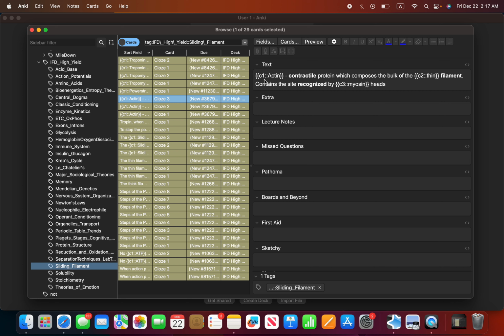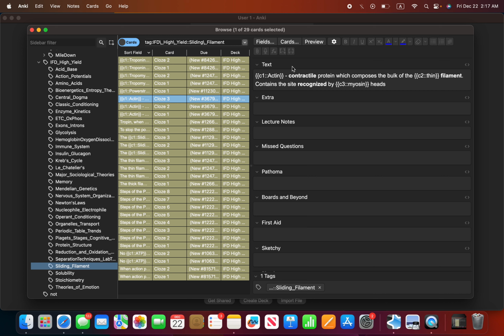When they have tropo at the beginning, as a prefix, it means that it is a regulatory protein, right? But actin is a contractile protein.